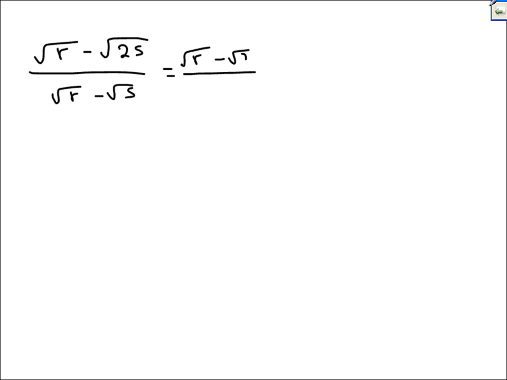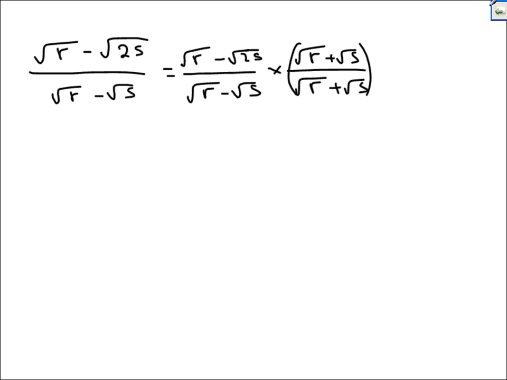Because if you squared the square root of r, you get r. And if you square the square root of s, you get s. If only we can square them. Well, there's a way to square it. Multiply the bottom by square root of r plus the square root of s. But to make it equal to the other side, you can only multiply by 1. So I do the same to the top.